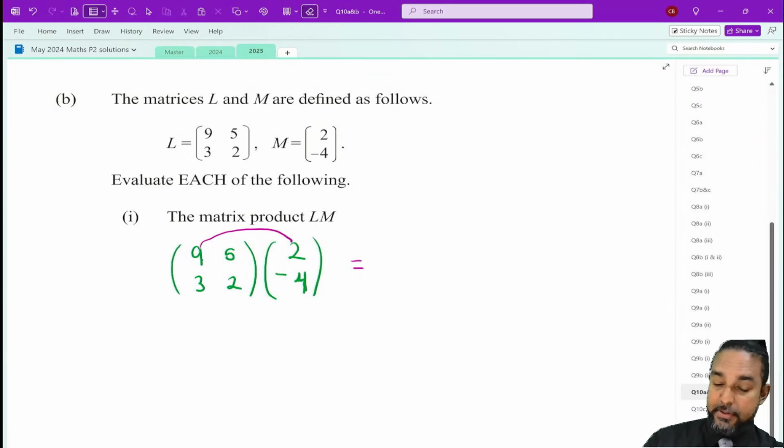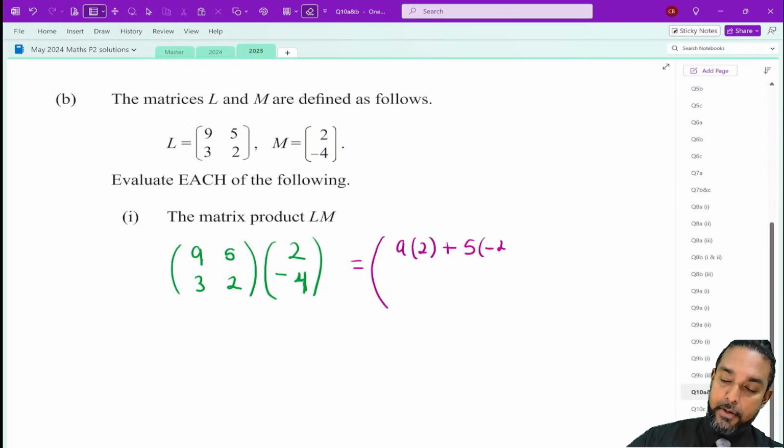The first elements are multiplied together, as are the second elements, and then those products are added. So we have 9 by 2 plus 5 by minus 4. Then we do the second row by the same column: 3 by 2 plus 2 by minus 4.